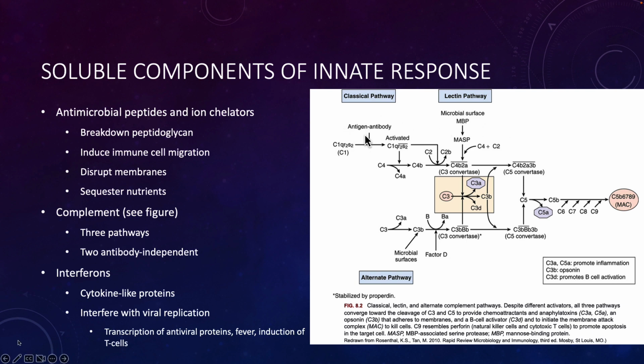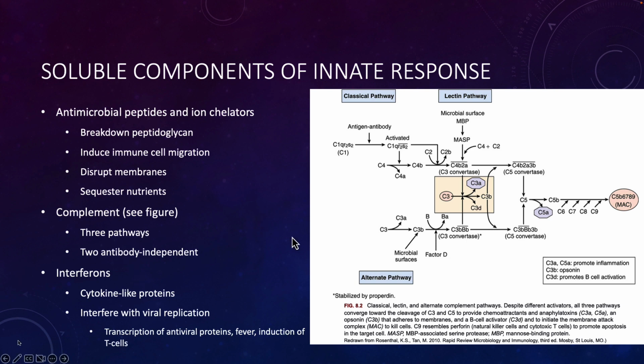And antibodies are generally only present because they're synthesized by the adaptive or antigen-specific part of the immune system. So something you can reflect on is, in your opinion, is the classical pathway part of the innate immune response, or is the classical pathway actually part of the antigen-specific response?